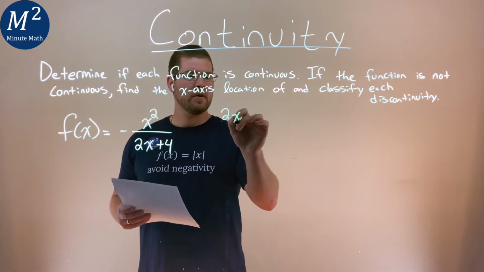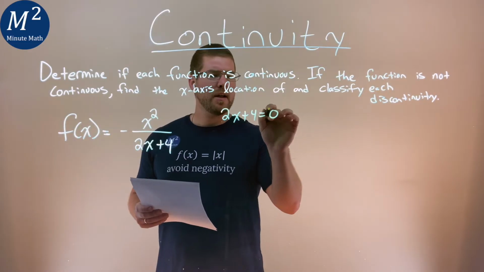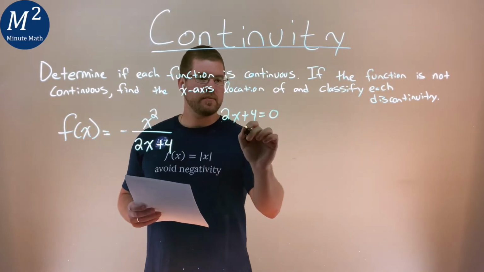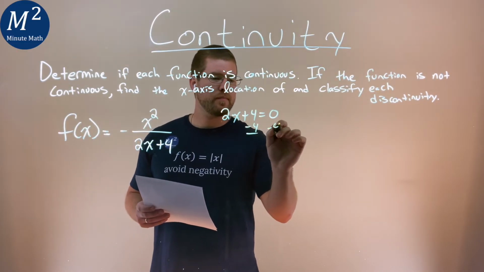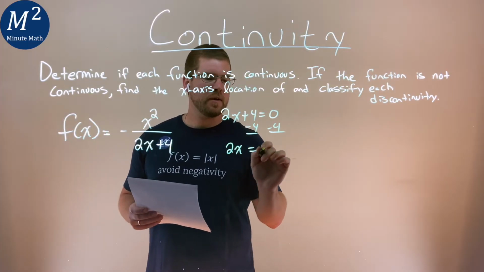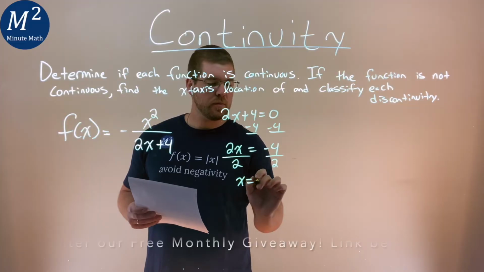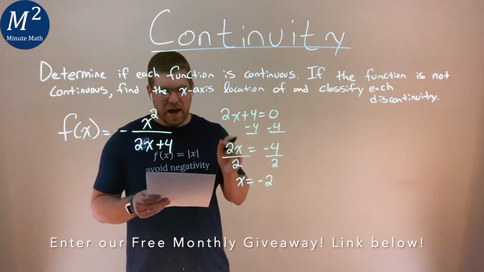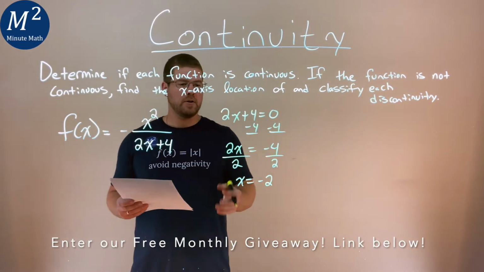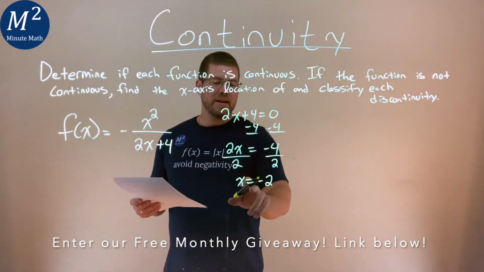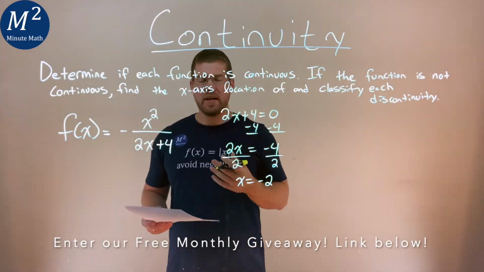I have 2x plus 4, and I set it equal to 0 to find the x value. Subtract 4 from both sides, and we have 2x equals negative 4. Divide both sides by 2, and x equals negative 2. And that's really what's happening here. At negative 2, we can't plug that value in for x.